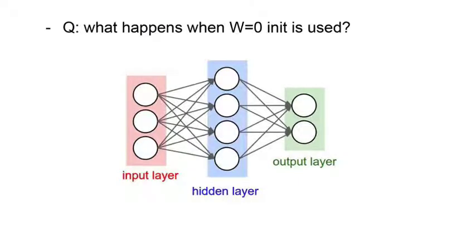Let's say you have a regular neural network, not even a convolution neural network. What will happen if the weights of that network were 0 when you started training? Think about how the initialization of this weight affects both the forward and the backward pass.